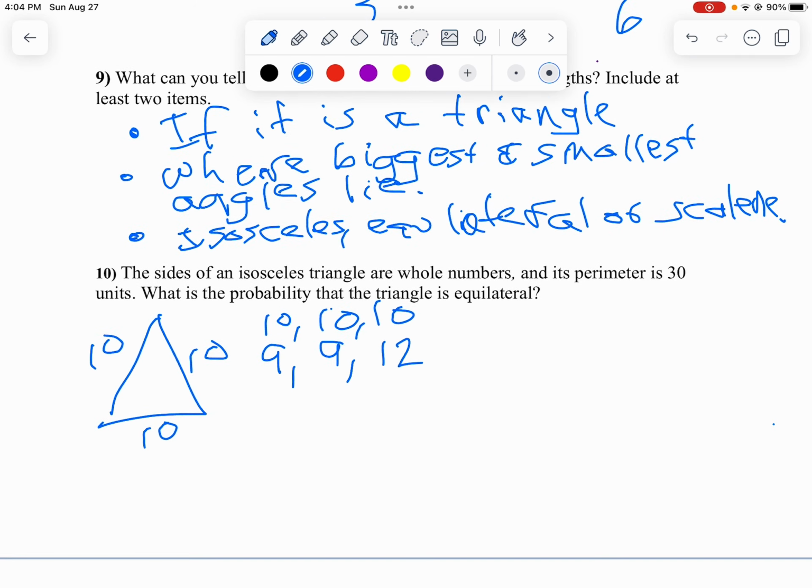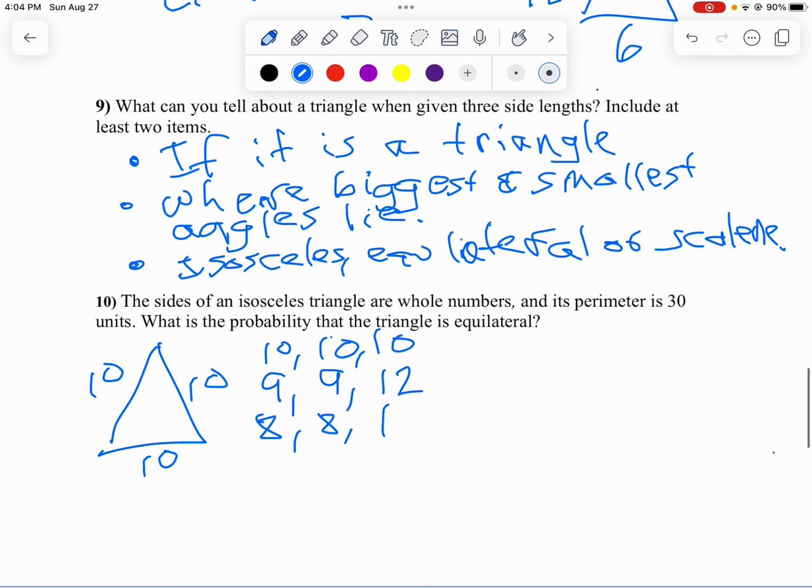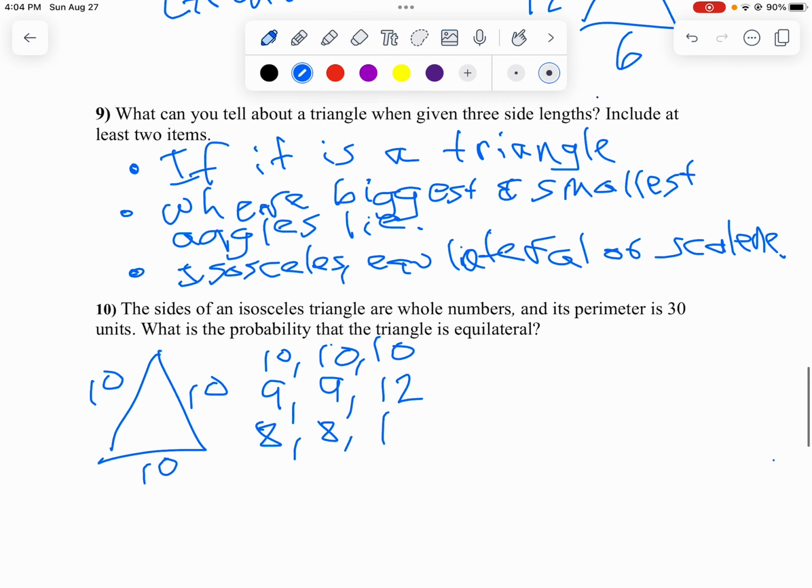Okay. 8, 8, and 14 would be a triangle. Okay, but now I run into, if I go 7, 7, and 16, that's not going to be a triangle, is it? Because 7 plus 7 is 14.